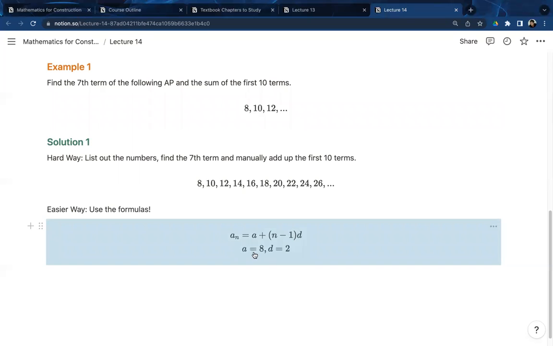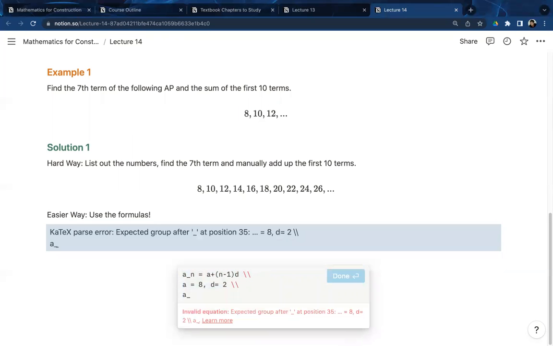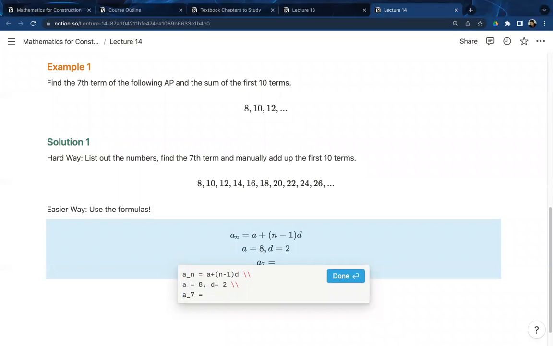So a is a1, and that means a7 is equal to a plus (7 minus 1) times 2. Of course, a is 8.